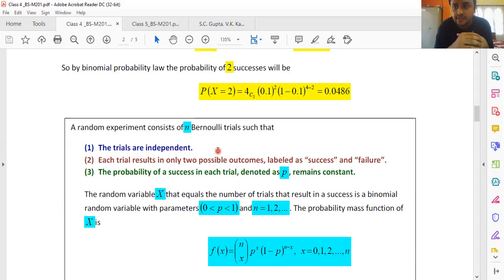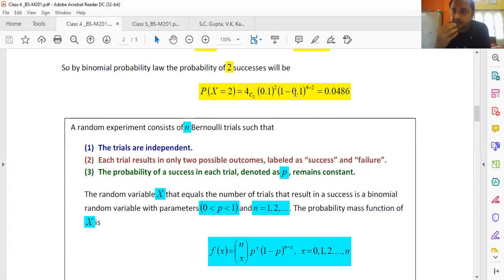But in this case, we are interested in error bits. So we named the error bits as success. But in general, there are two types of outcomes. One is success and another is failure. So we have noted down this particular point. And another interesting point is that each time the experiment was repeated, the success has got the same probability.